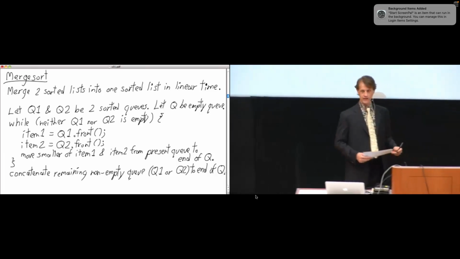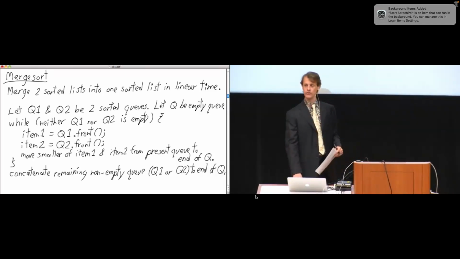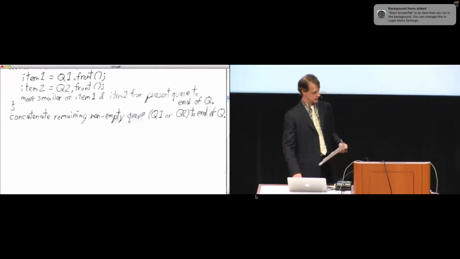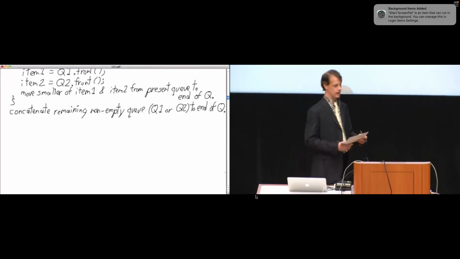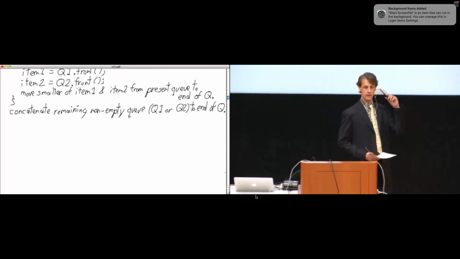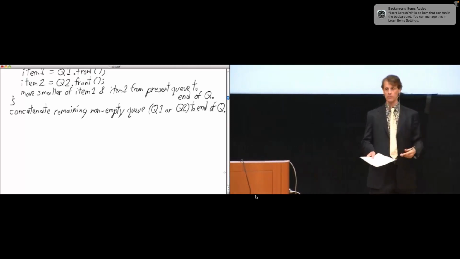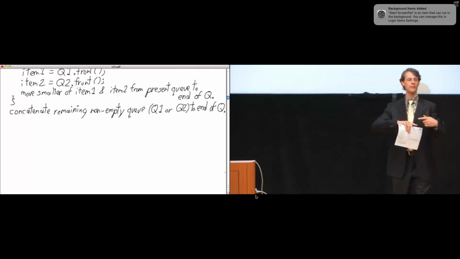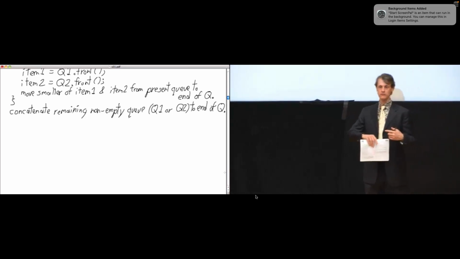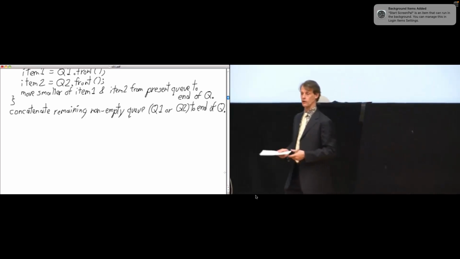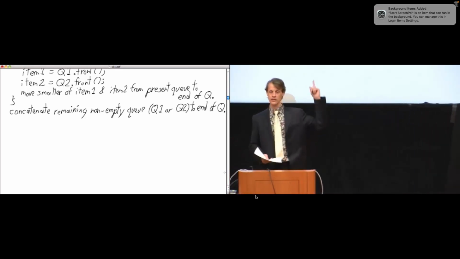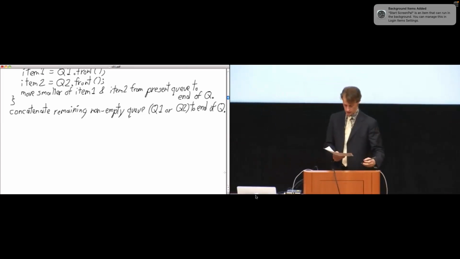And so now selection is fast enough to actually be worth using, because you can merge two queues in linear time. Once you have the ability to merge two sorted lists in linear time, then we can build a sorting algorithm out of that using this as a subroutine.